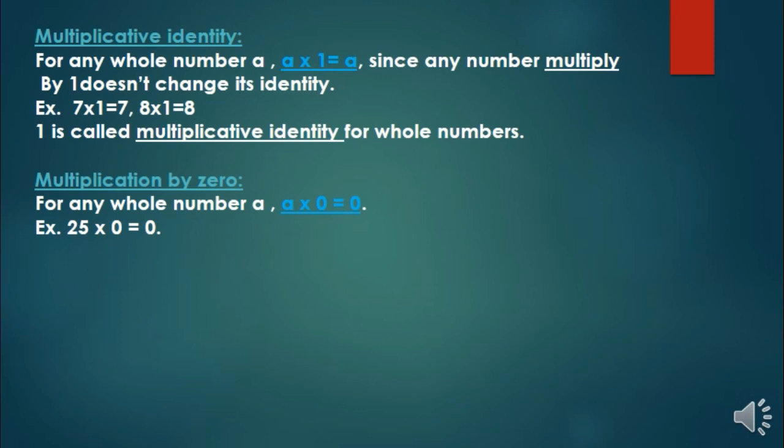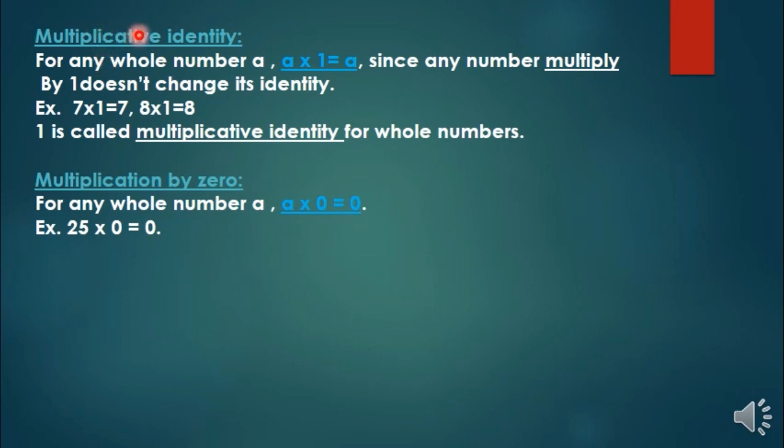Now, next property, multiplicative identity. I told you whenever we discussed additive identity, what did we do? In that case, we add 0, because as we are adding 0, the answer is again the same. The identity of that will not change.